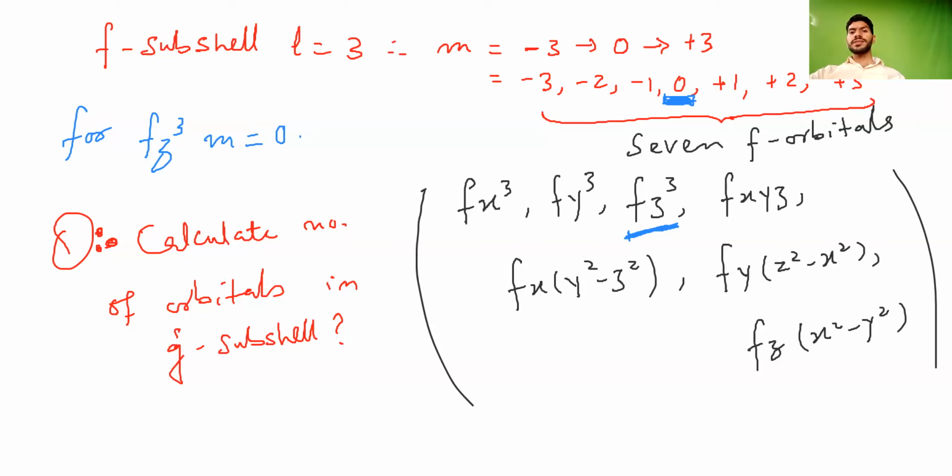Have you noted down this? Yes, sir. Okay, so then, this will be the homework. I hope you can easily calculate this one, that is the number of orbitals in g subshell.